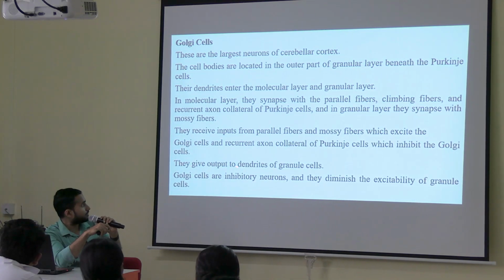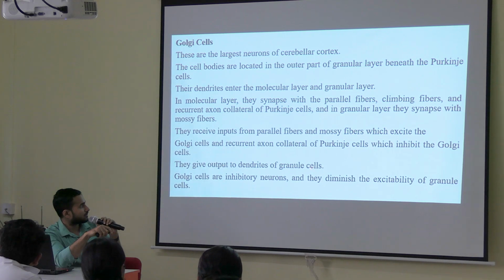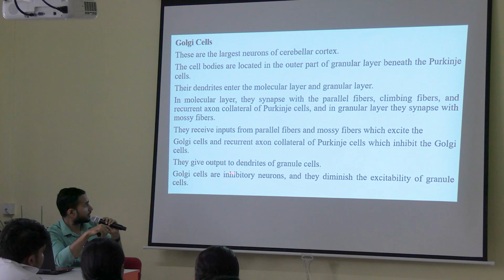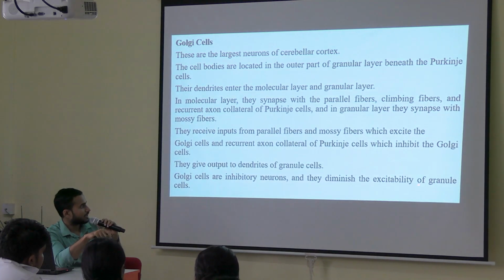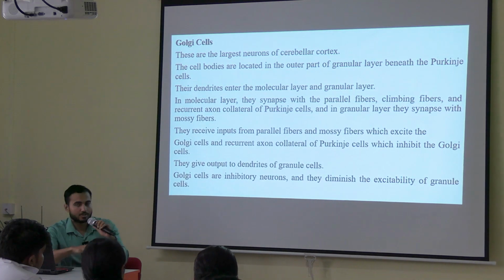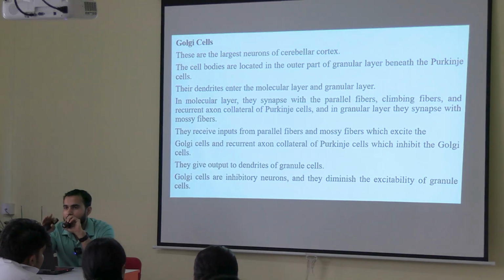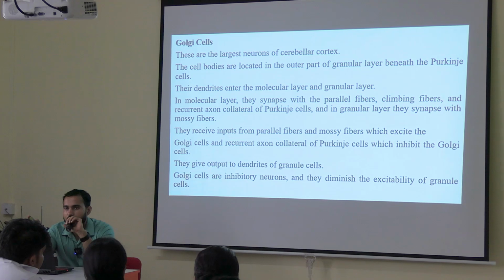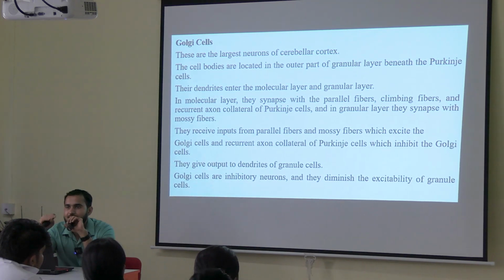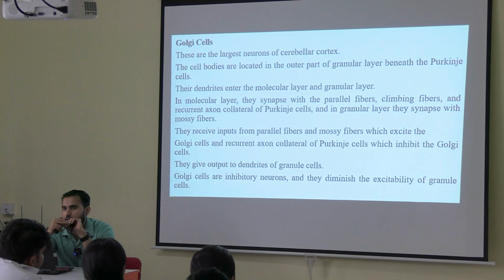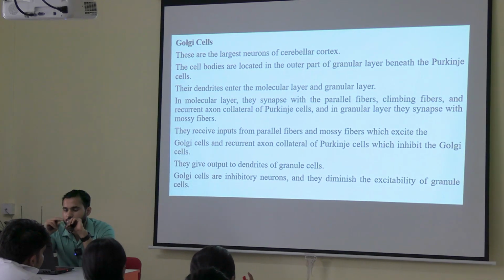Now they give output dendrites to the granule cell, and they will inhibit those neurons. Golgi cells are inhibitory neurons and diminish the excitability of the granule cells. You can see that they are inhibiting the granule cells.